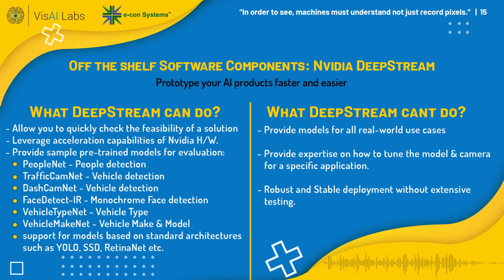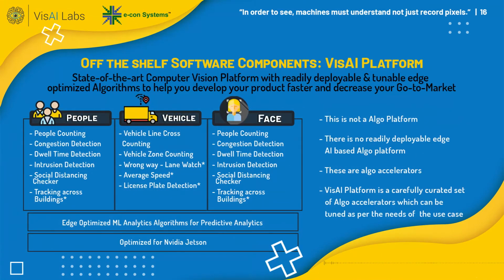So this is a good starting point for anybody who wants to explore AI on the Nvidia platform. So what does the VisAI platform offer? It offers algorithm blocks, or algorithm accelerators. We have created some blocks like people counting, congestion detection, and social distancing checkers.